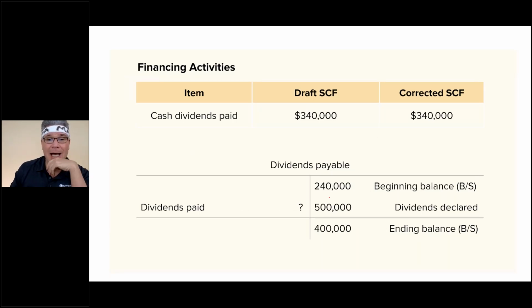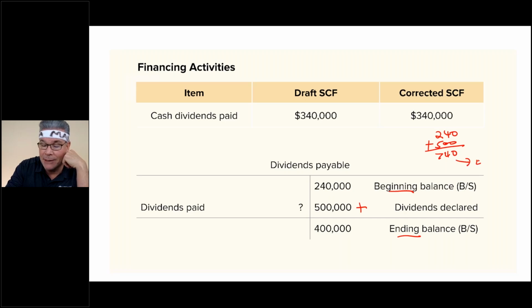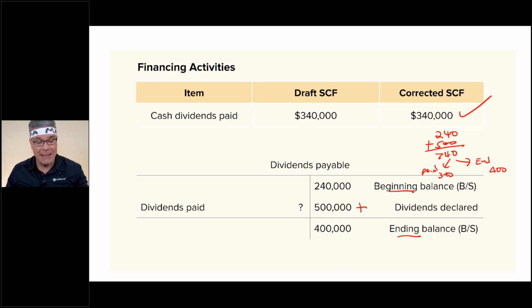Dividends payable, a liability. You've got your beginning balance, ending balance. The current year declared makes it go up. So we owed our stockholders 740. Yet our ending balance, what we didn't pay, is 400, so we could say you must have paid 340. They did the right thing. 340, no adjustment required. Financing outflow.